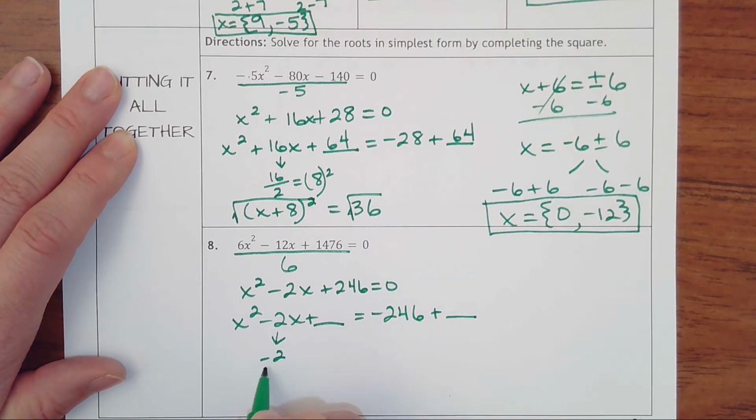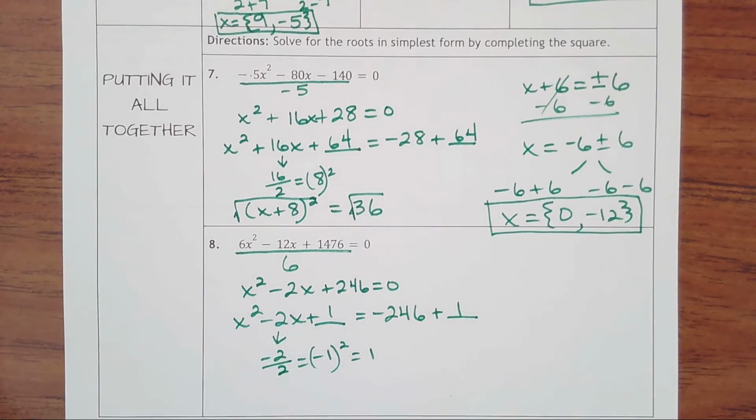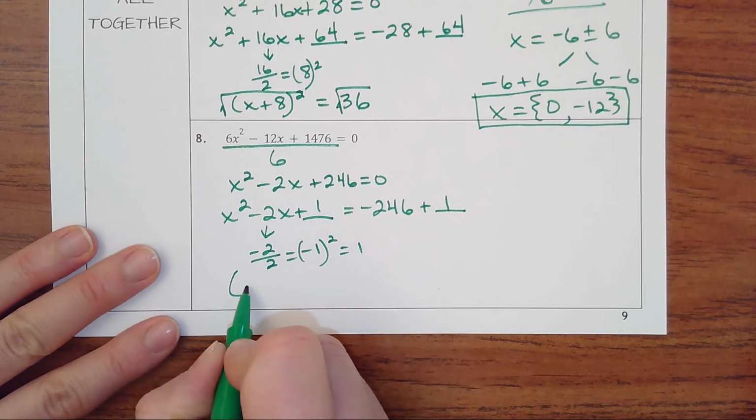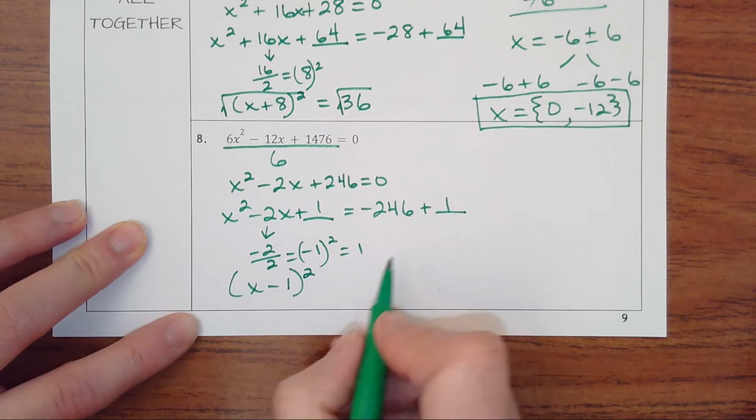Take your B divided by 2 and square it. My magic number is 1. Factor x squared minus 2x plus 1. And that would be x minus 1 times x minus 1, or x minus 1 quantity squared.